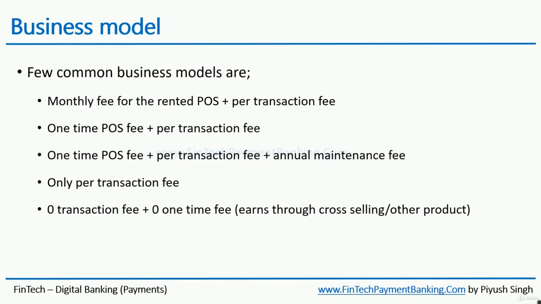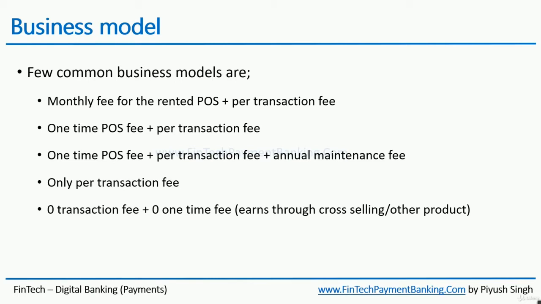And then there is only a per transaction fee, where the merchant does not charge any monthly or annual charge or a one-time fee. It just charges on a per transaction basis. And then there's a new kind of business model where the acquirer is not charging you anything on a transaction fee, plus it is not charging any one-time fee. But then how do they earn money in this kind of business model? They do cross-selling.